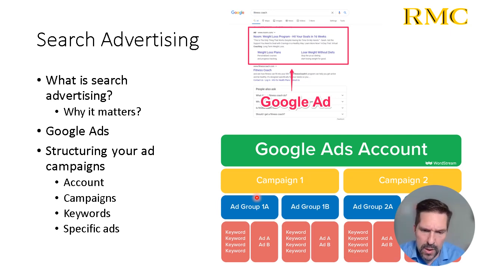Okay? And then what Google is going to do is enable you to select specific keywords, which we're going to discuss in a few slides, around which you're going to build specific ad copy, right?